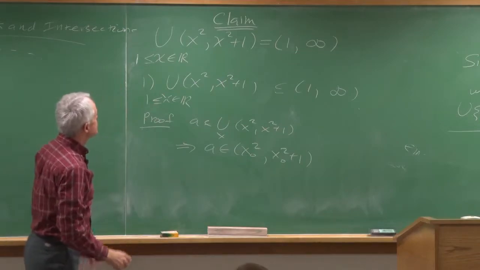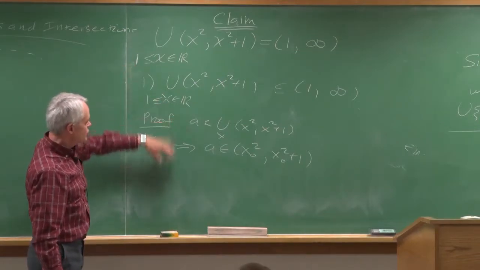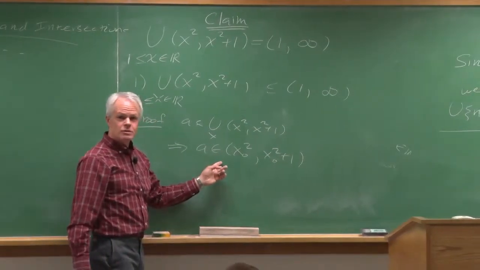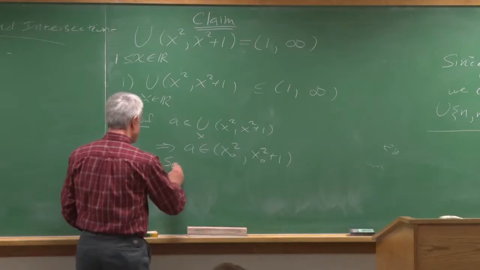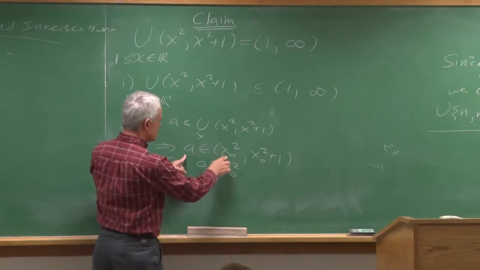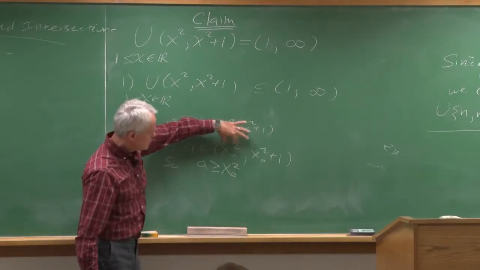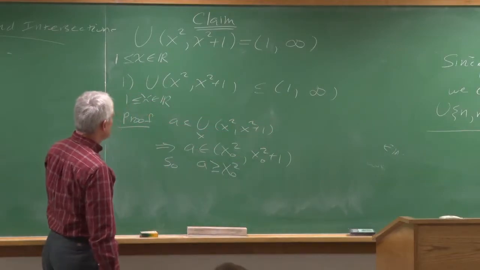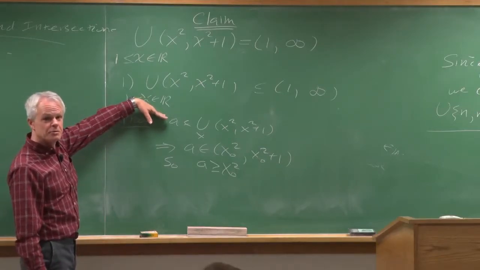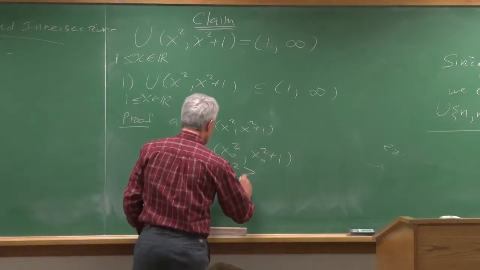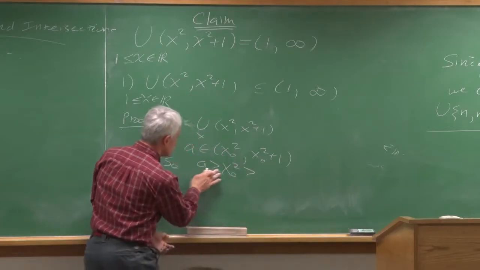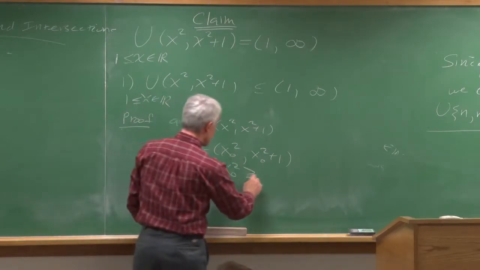I'm just going to stick with x's that are greater than 1 here. So is the a greater than 1? If it's in this interval, it's got to be greater than this and less than that. And the x's that I pick are always going to be greater than 1, so this will be greater than 1 squared. Actually, this is a strict inequality since I have an open interval there.